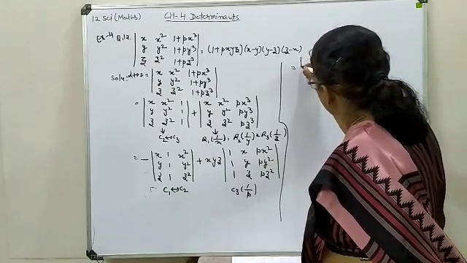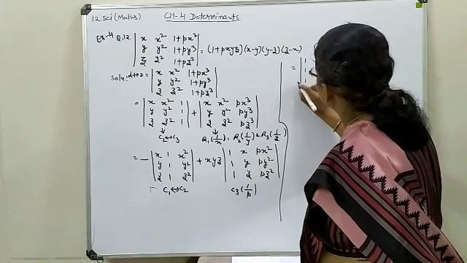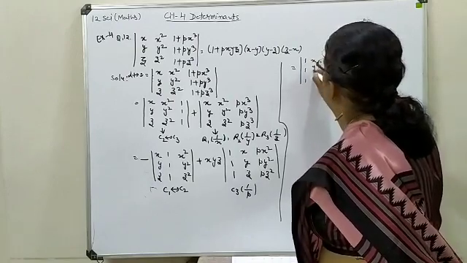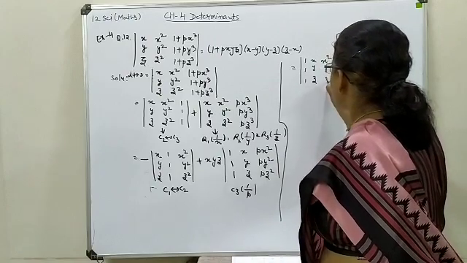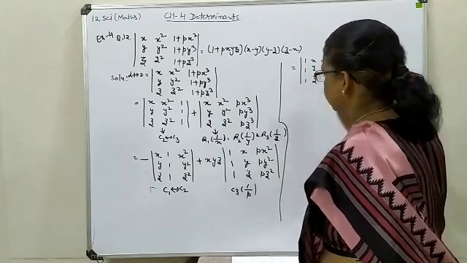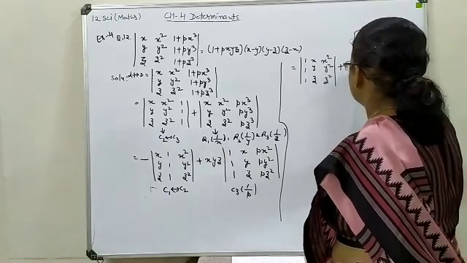So this determinant you will turn into a positive 1, 1, 1, x, y, z, x square, y square, z square. Now p you have taken common in the third column, so p, x, y and z.